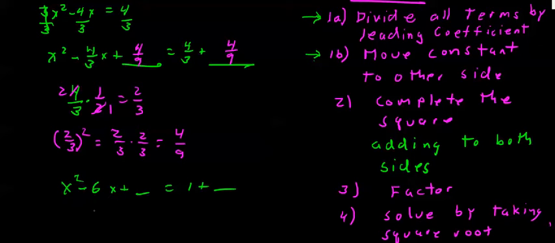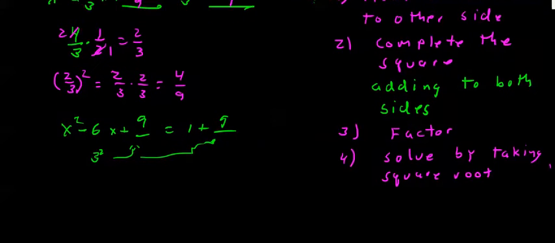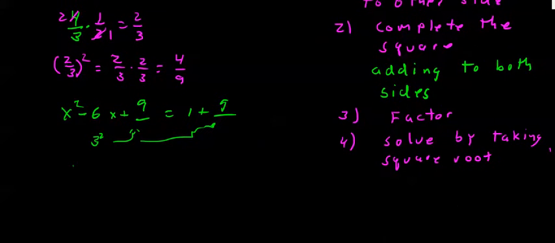Half of 6 is 3, and we squared it and added it on both sides. So we had 9 and 9. Then we said that we had x minus 3 squared, because 3 times 3 is 9.